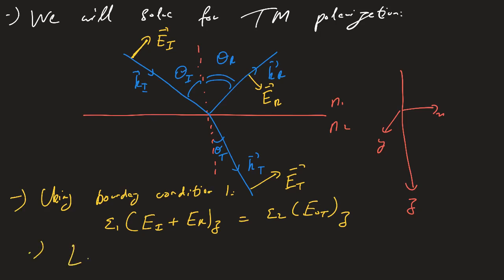So let's find epsilon 1 E_I z. Okay, let's find epsilon 1 E_I. So I'll just write it down here again. So we want epsilon 1 E_I z component.